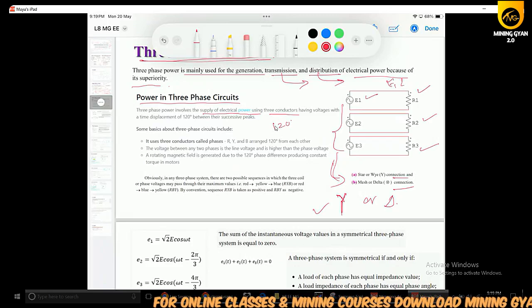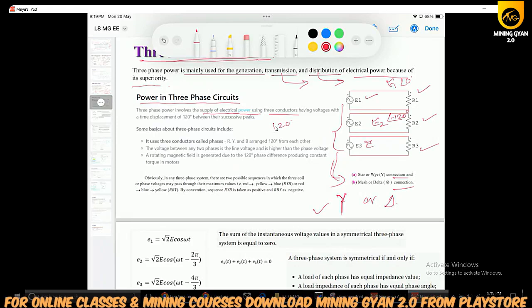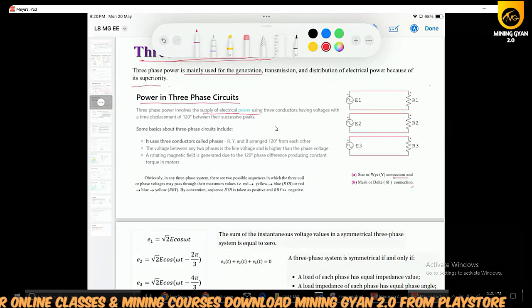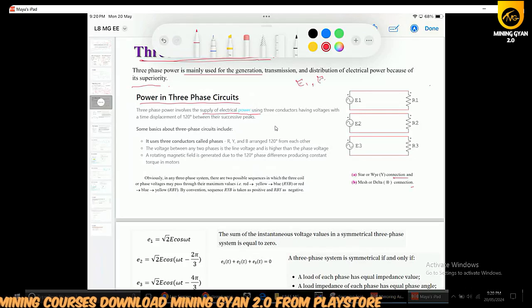Let us say E1 will be at 0 degrees, then E2 will be at minus 120 degrees, and E3 will be at minus 240 degrees. So a 240 degree lag will be there with respect to E1, and that is called the phase displacement among the three voltages E1, E2, E3.